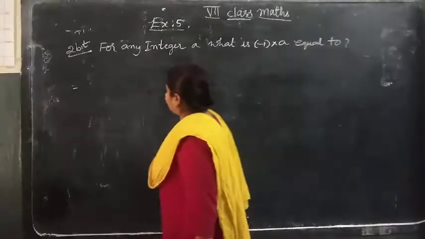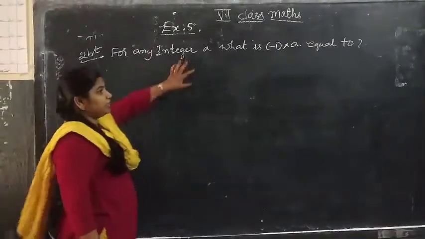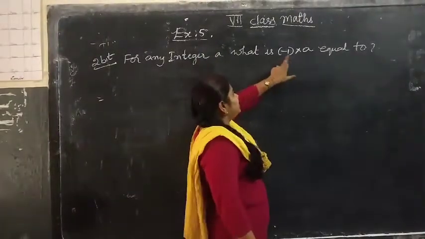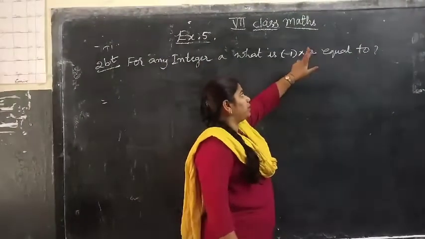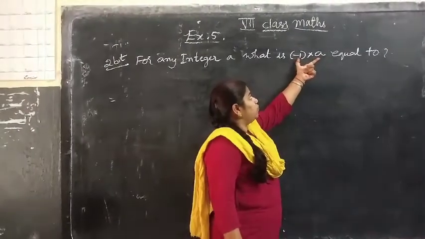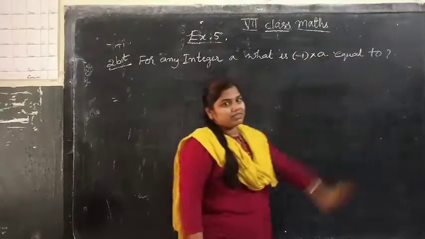So what they told is, for any integer a, you can take any type of integer in place of a. What is minus 1 into a? If you are multiplying minus 1 to a, what will be the result they are asking.